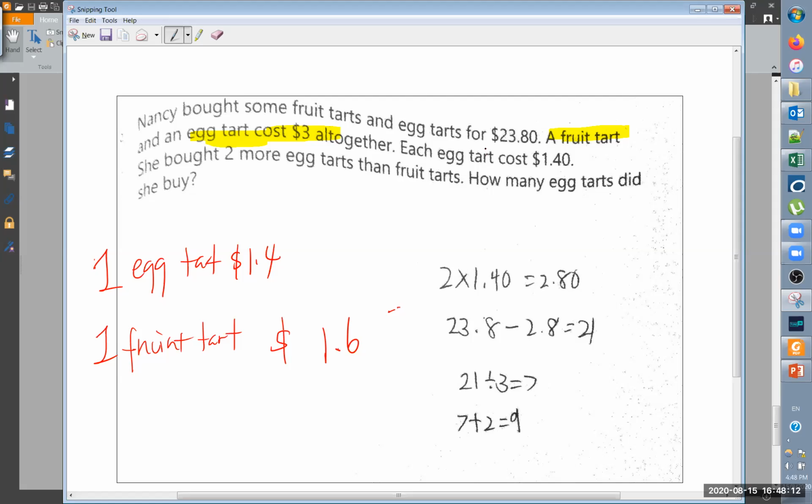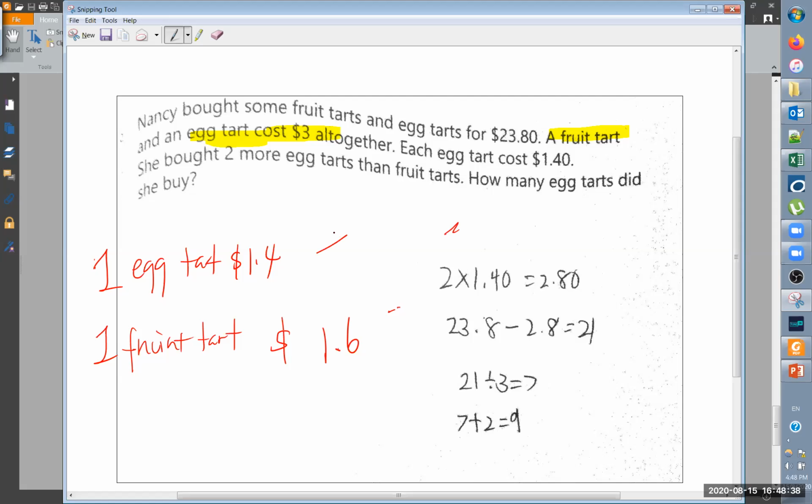So now, what you need to do is make some guess. Remember, we talked about how to guess. Smart guess. Okay, so let's start with just 10 egg tarts. I like to play with 10.